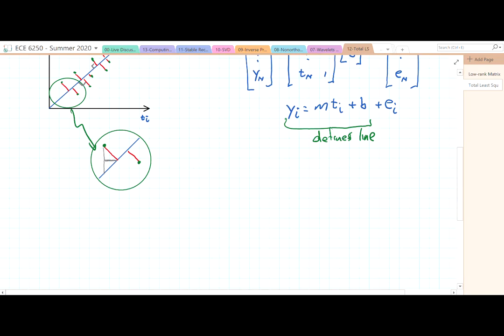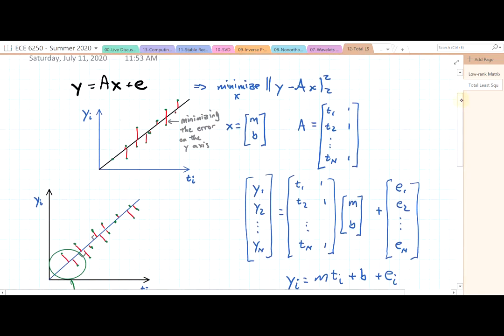So what we have can best be understood in terms of what we've been looking at before. In this first example, we are trying to minimize delta y. In other words, we want to find the smallest offset from y such that this equation is solvable.